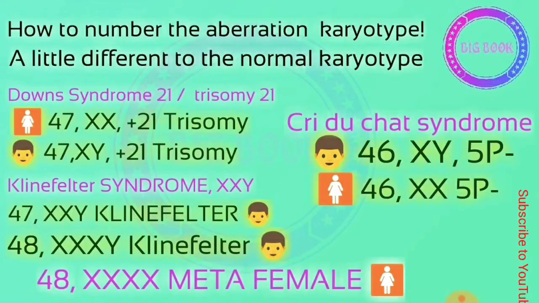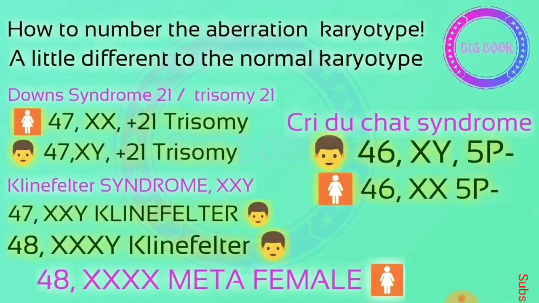Here 47, as we discussed, whatever the complete complement is present in the cell will be mentioned, that is, the total number of chromosomes is mentioned, that is 47, including the autosomes and the allosomes. Further, we are mentioning the sex of the individual, either female or male.